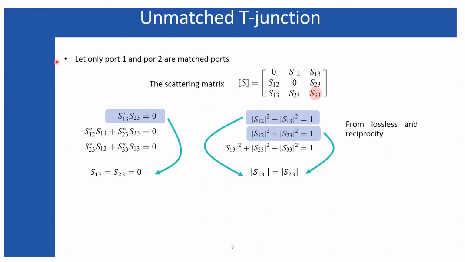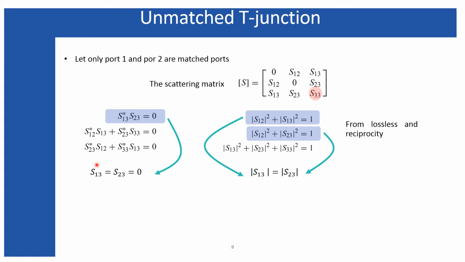But from this condition we can see that S13 and S23 will be equal to 0. So if we consider that S13 is equal to 0, S23 also will be 0, in order to satisfy this one.